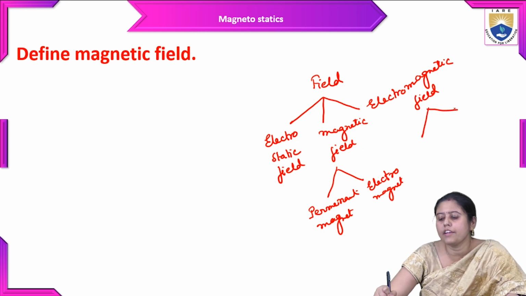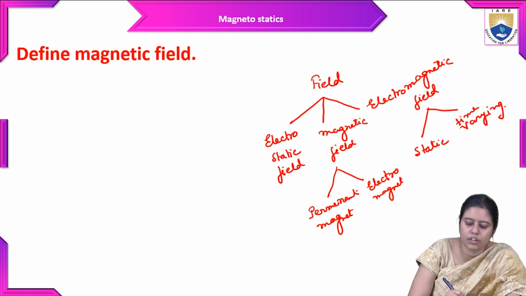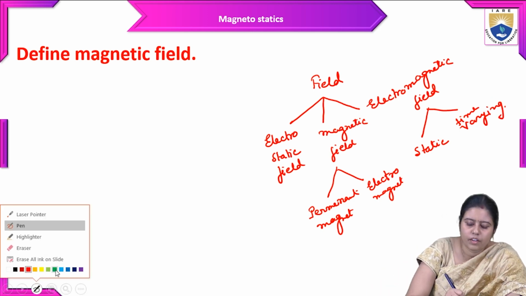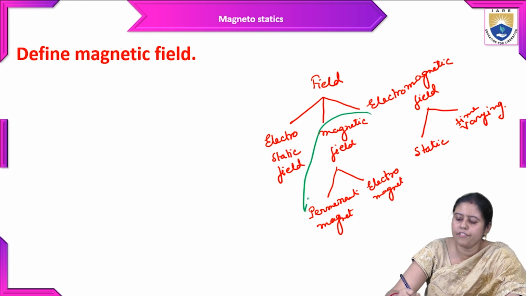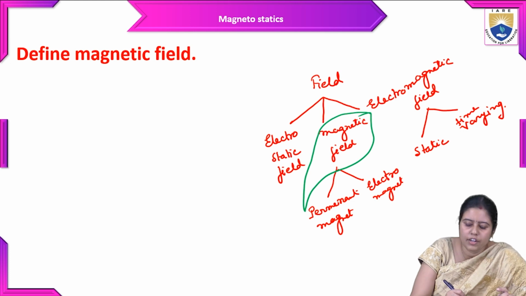And electromagnetic field is again of two types: one is for static electricity and another is time varying. Today my topic is basically the magnetic field only.